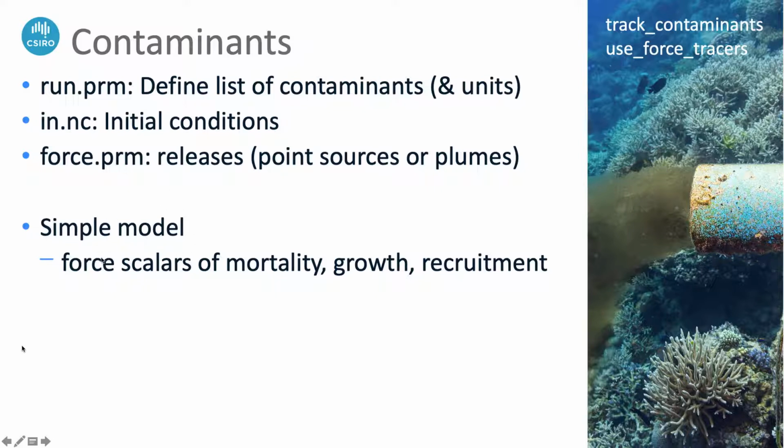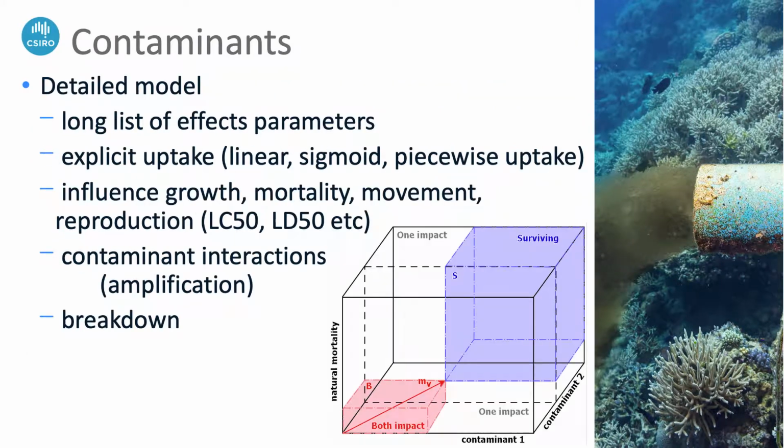The simplest model just uses scalars of mortality, growth and recruitment, like I mentioned, which responds to direct forcing of the model around those things. But the more detailed one we've put a lot of effort into has quite detailed direct effects on growth, mortality and movement, and it has quite a long list of effects parameters to go with that, because you have to have the effects and the mortality.